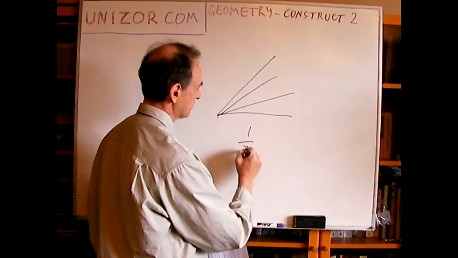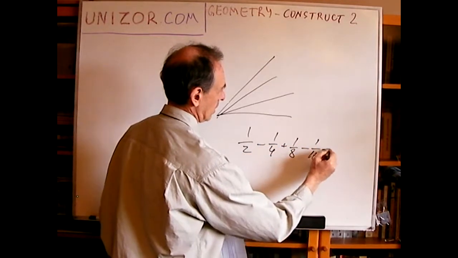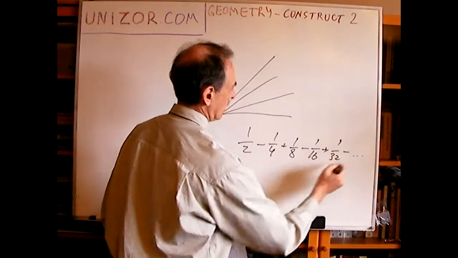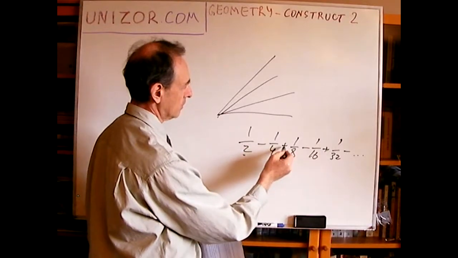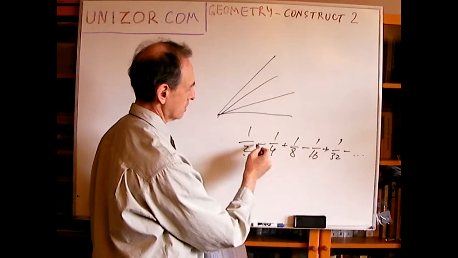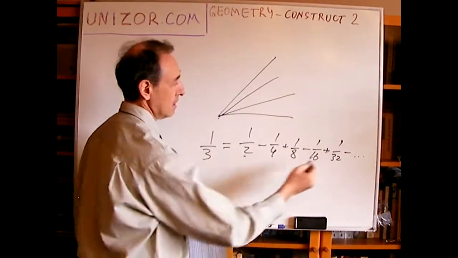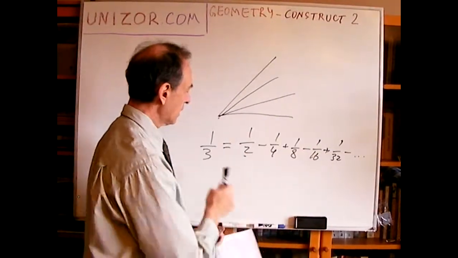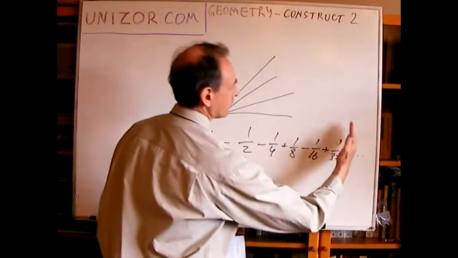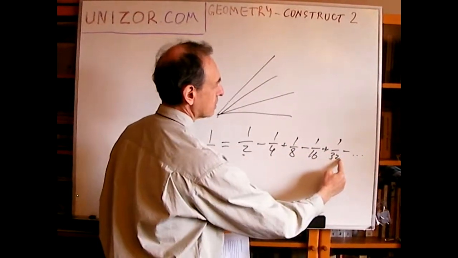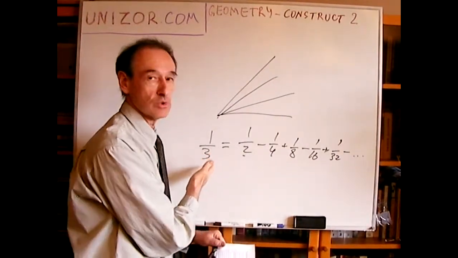Now, there is a sequence, so these are 2, 4, 8, 16, etc., powers of 2, but the signs are interchanging, the minus, plus, etc. Now, this sequence, if continued to infinity, gives a sum equal to 1/3, which means that if we stop here, let's say, and just build this particular angle, then we will get, well, close to 1/3.